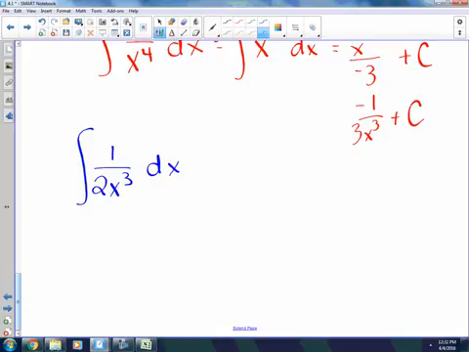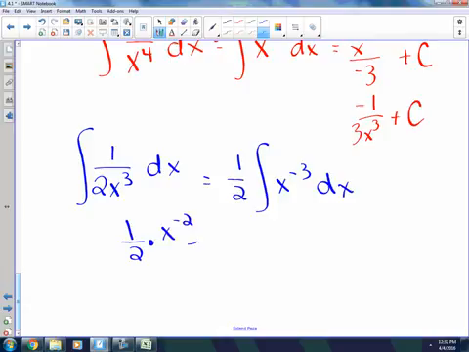So this is the same as writing this. And then that 1/2 tags along. And then add 1 to the power, divide by the power. And that's going to be our answer.